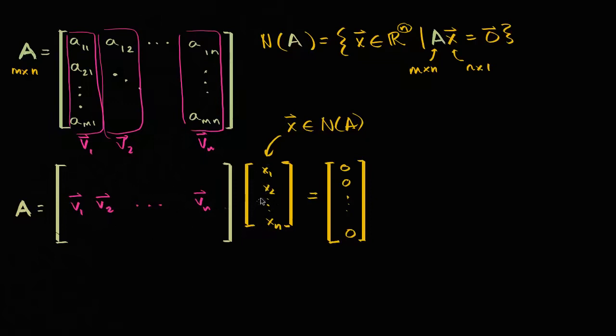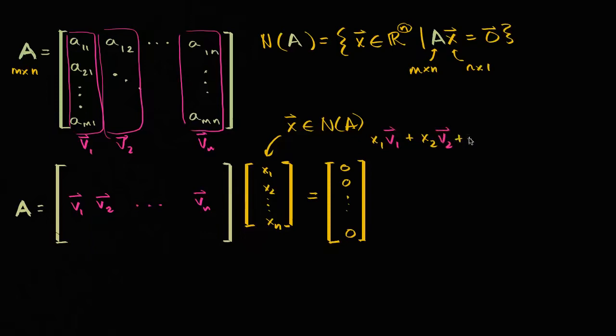times our vector x here, you are going to get the first column vector, v1, times the first component here, x1, plus the second component times the second column vector, x2 times v2, and we're going to do that n times.